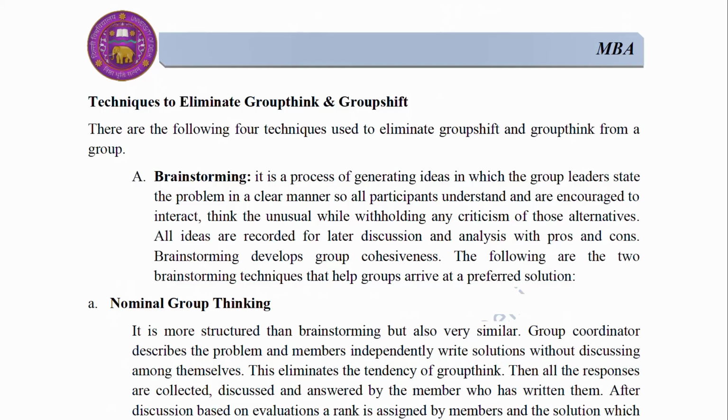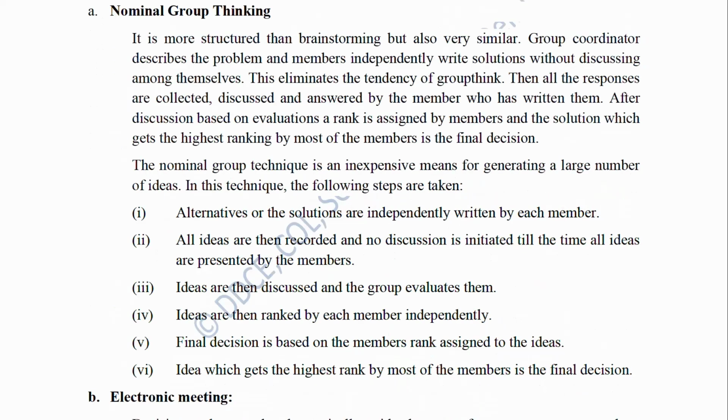First, nominal group thinking. It is more structured than brainstorming but also very similar. Group coordinator describes the problem and members independently write solutions without discussing among themselves. This eliminates the tendency of groupthink. Then all the responses are collected, discussed and answered by the members who have written them.